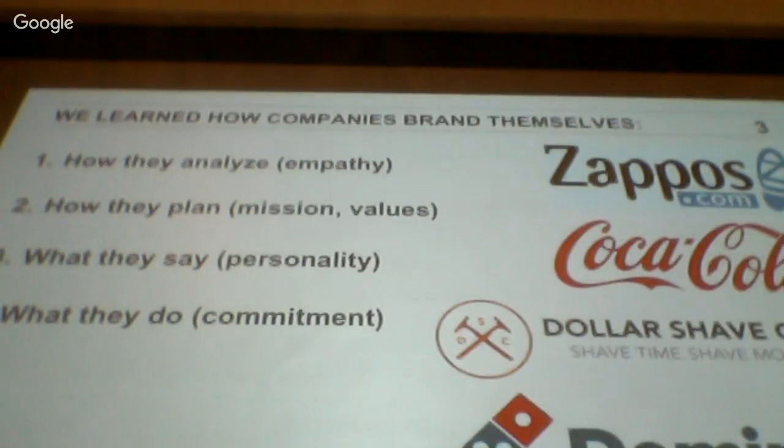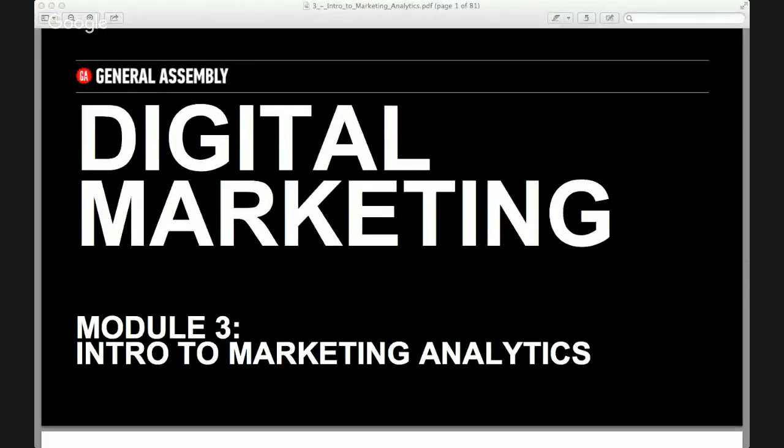We learned how specific companies are branding themselves, how they analyze their audiences for the purposes of empathy, psychographic, not just demographic audience analysis, how they plan through their mission and values, what they say, the personality that they show through their external communications and their place in the market, and what they do as a company, their commitment. We looked at various brands like the pizza companies, Dollar Shave Club, Coca-Cola, and Zappos, of many good brands out there.